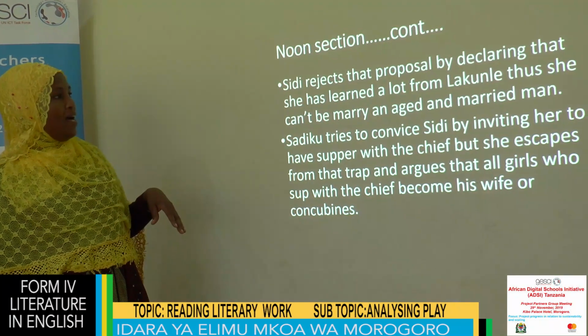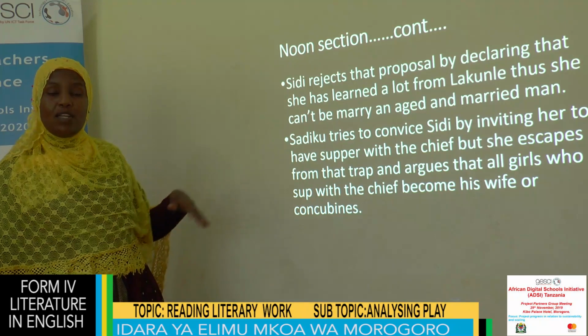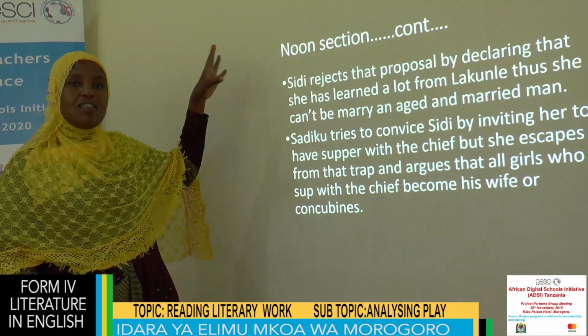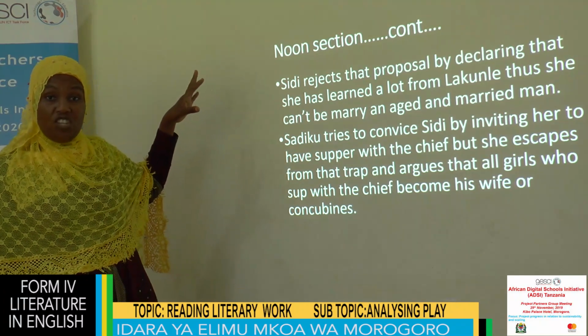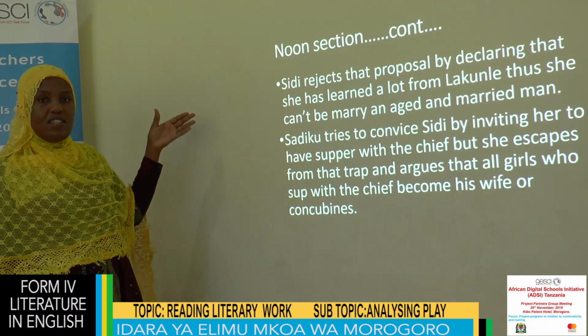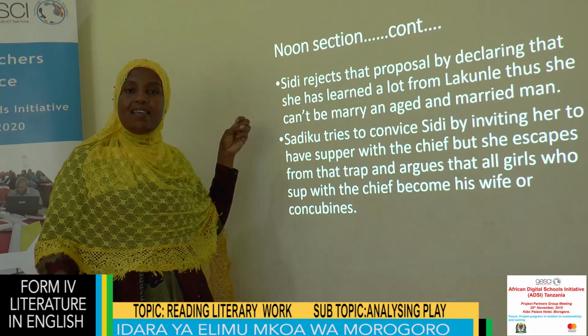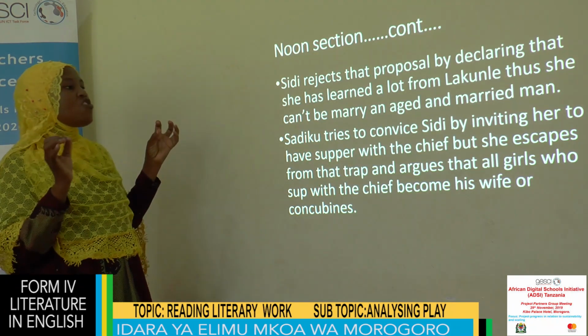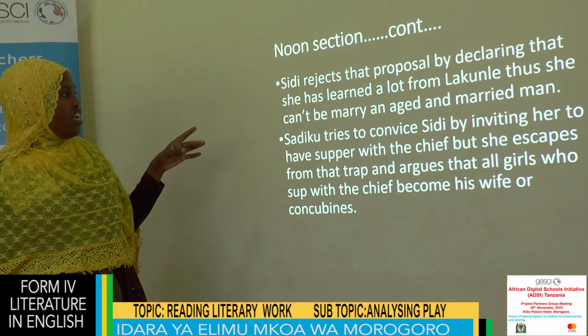What is the reason behind it? She said that she learned a lot from Mr. Lakunle, remembering that Mr. Lakunle is a school teacher who has undergone Western education and is referred to as a modernist. He has been influencing this girl with elements of Western culture.